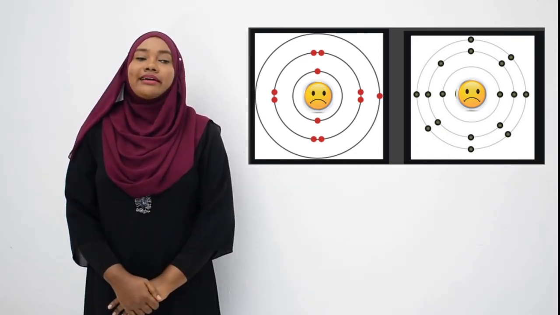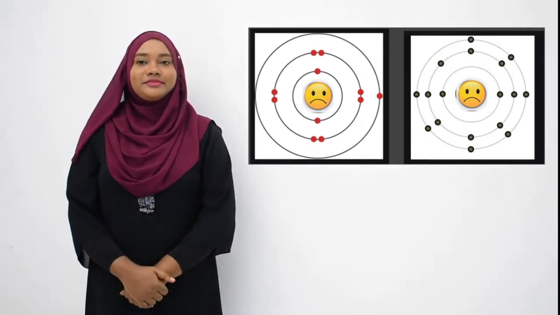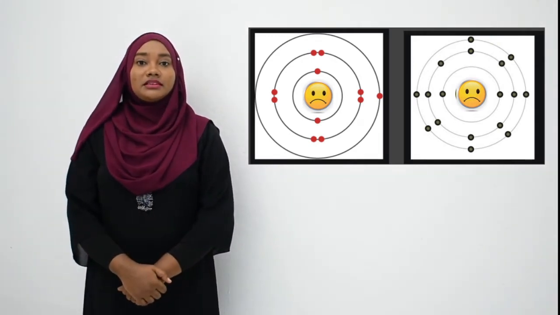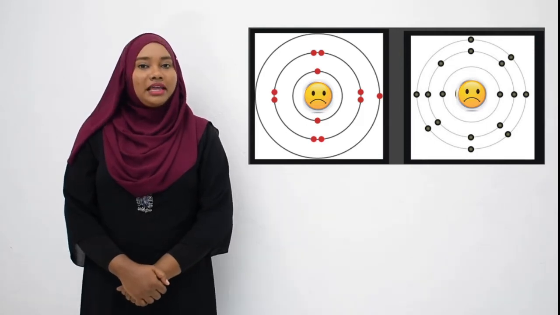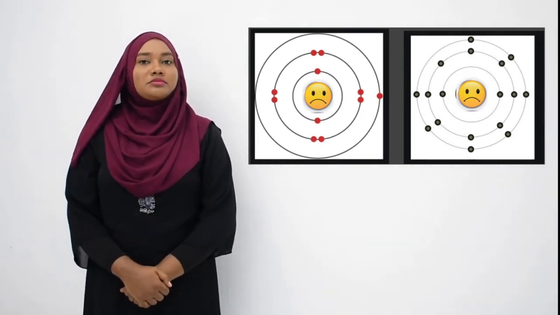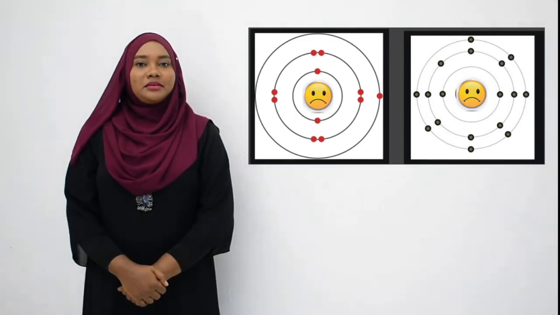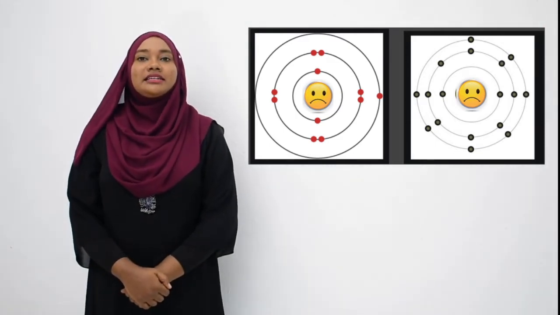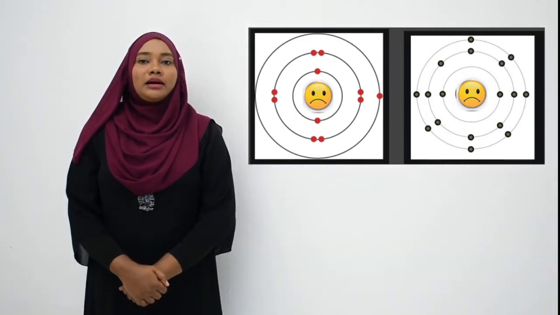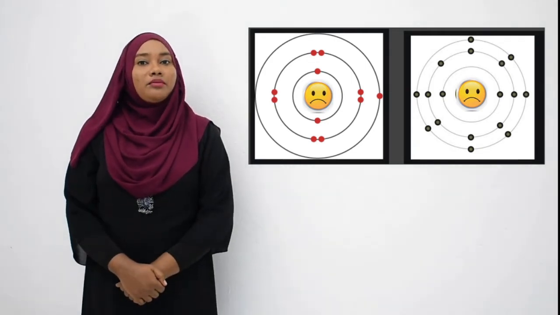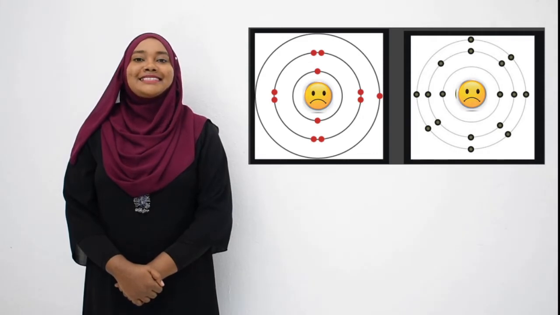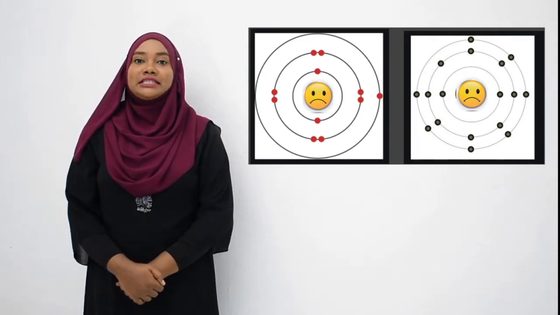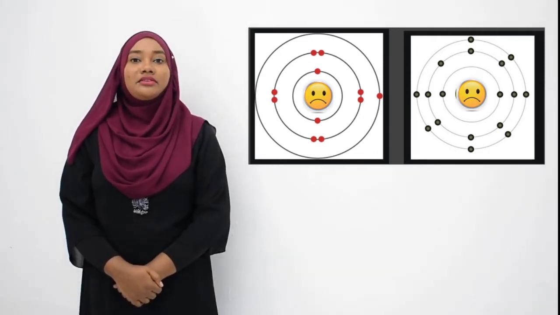Now, why do you think these atoms are sad? Yes, the atoms are not stable, right? How can we make these atoms happy? Yes, by making them stable. So, how can we make the atom stable? Yes, the two elements need to undergo a chemical reaction.